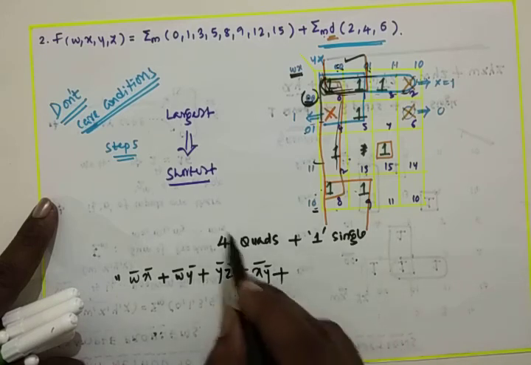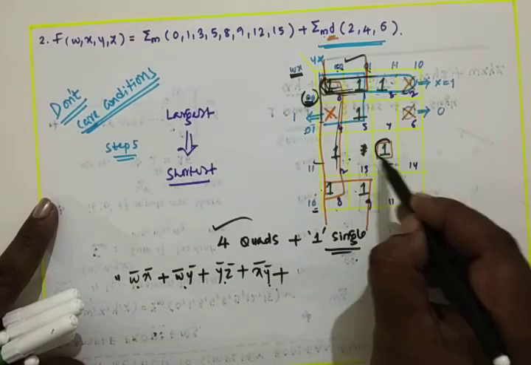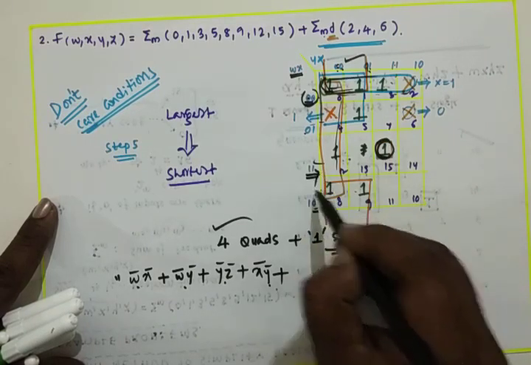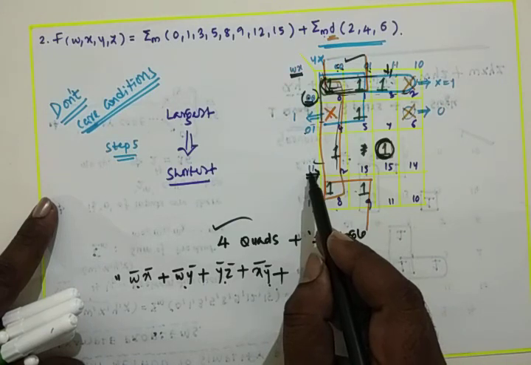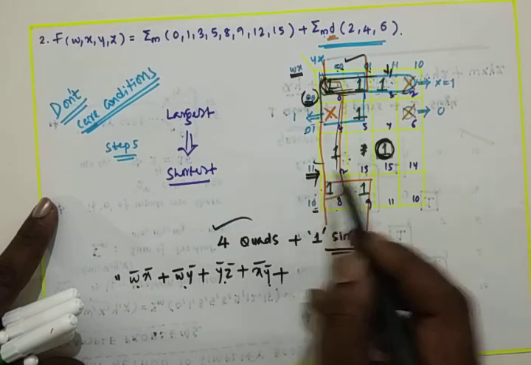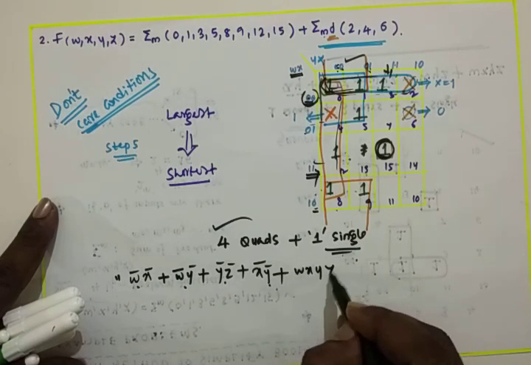Now 4 quads are completed, 1 2 3 4, and one single one is there. This single one is in 1 row and 1 column. That row is 1 1, and the column is also 1 1, that is w x y z.